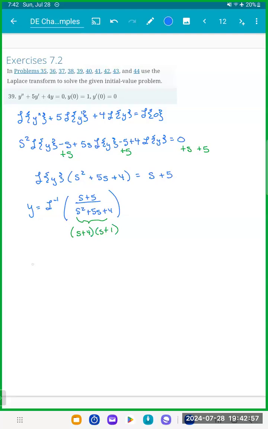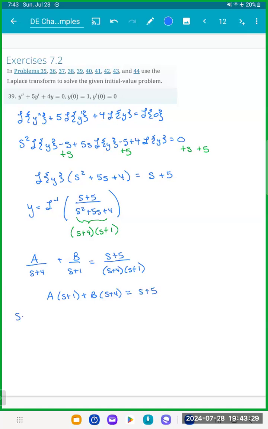So we could set that up in the form of a over s plus 4 plus b over s plus 1 equals s plus 5 over s plus 4, s plus 1. Okay? So a times s plus 1 plus b times s plus 4 is equal to s plus 5.